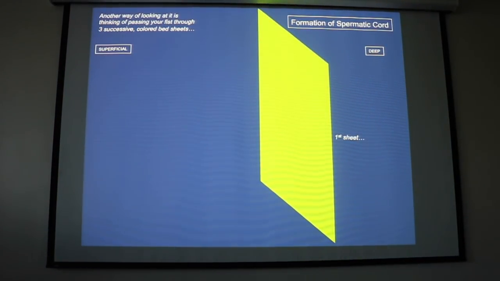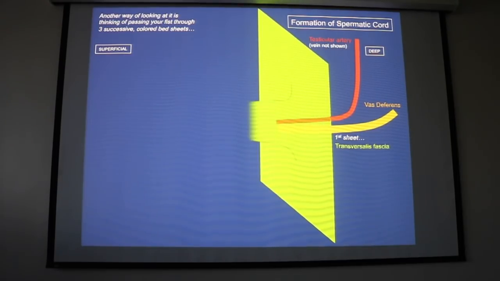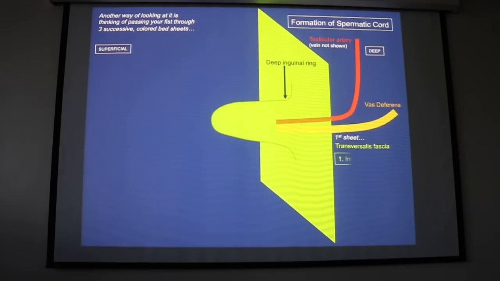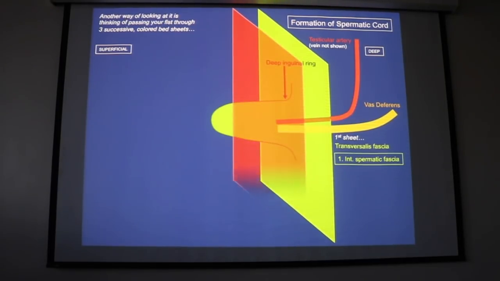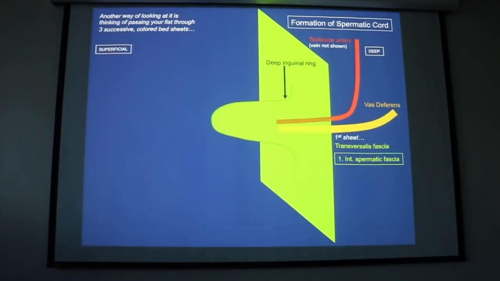This is more conceptual. My fascia transversalis was artery. I'm not putting vein here. They drag a layer with it. Deep ring. And this green thing which is being pulled, that was given the name of internal spermatic fascia.